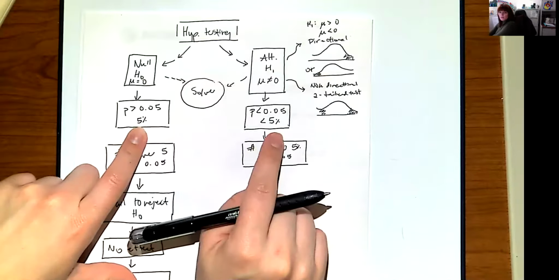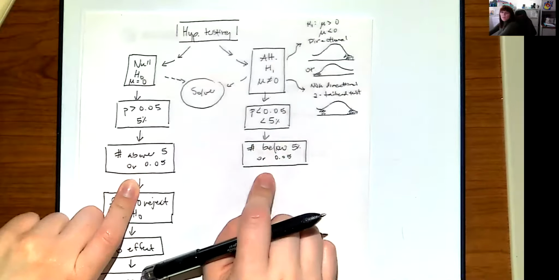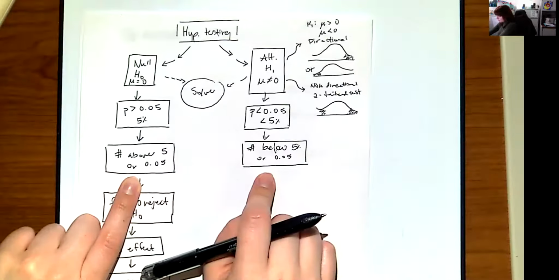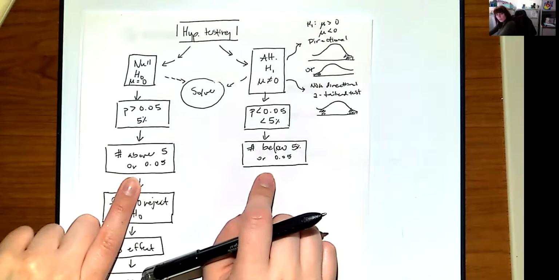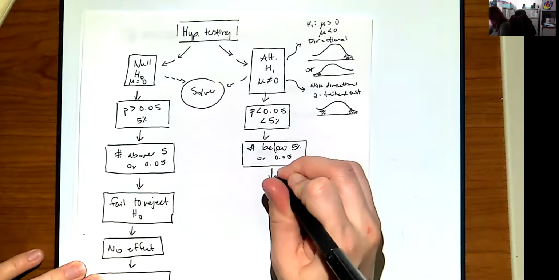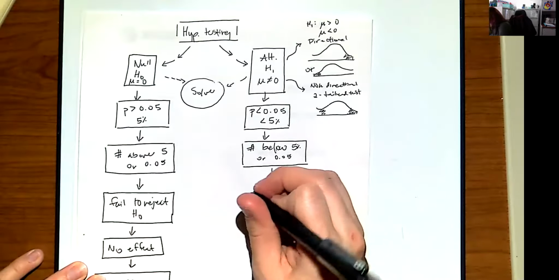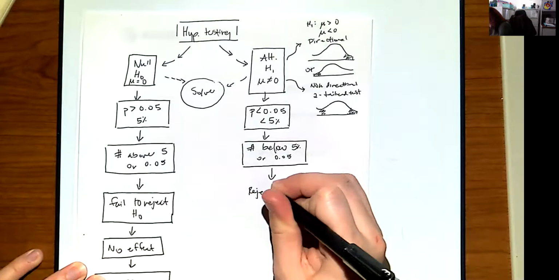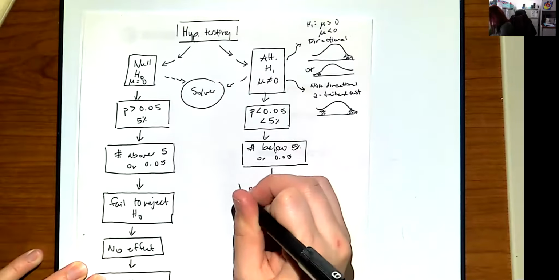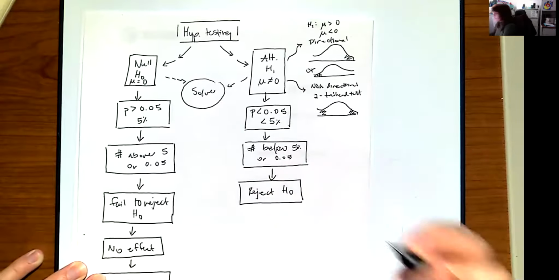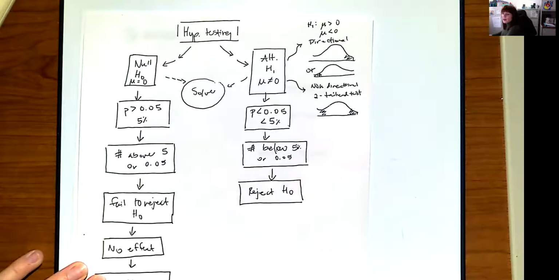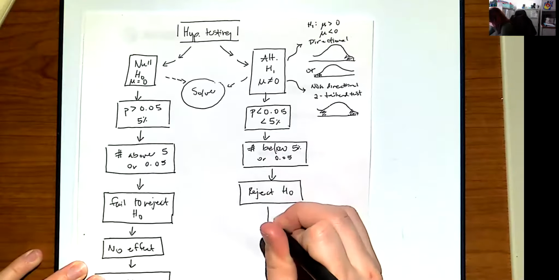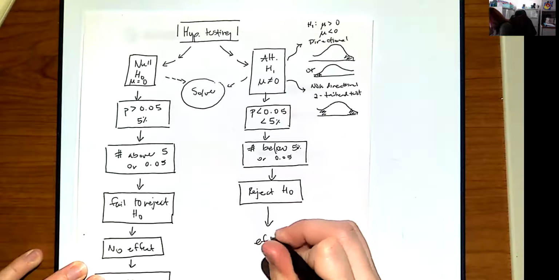Either way, whatever our findings are, we determine if it's above or below 0.05. If it's below 0.05, then we move forward in our alternative testing and we say that we can reject the null. Yay, we can reject it. We have evidence of an effect. So I'm going to put just the word effect right here.